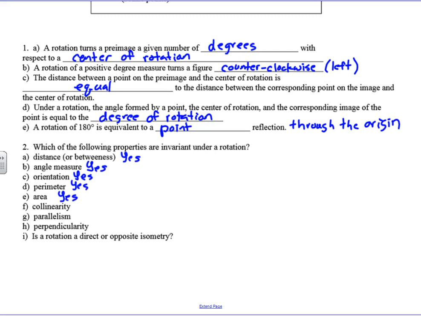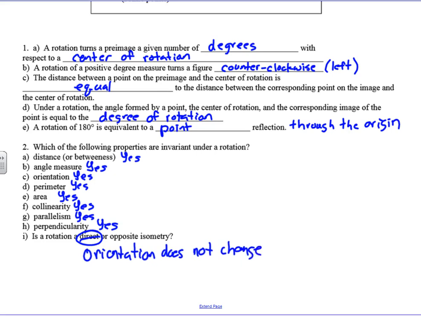Area is yes. Collinearity, yes. Parallelism, yes. Perpendicularity, yes. Okay, so this is a direct isometry. Again, the orientation does not get reversed, does not change like it did in a line reflection, meaning the order of the letters.